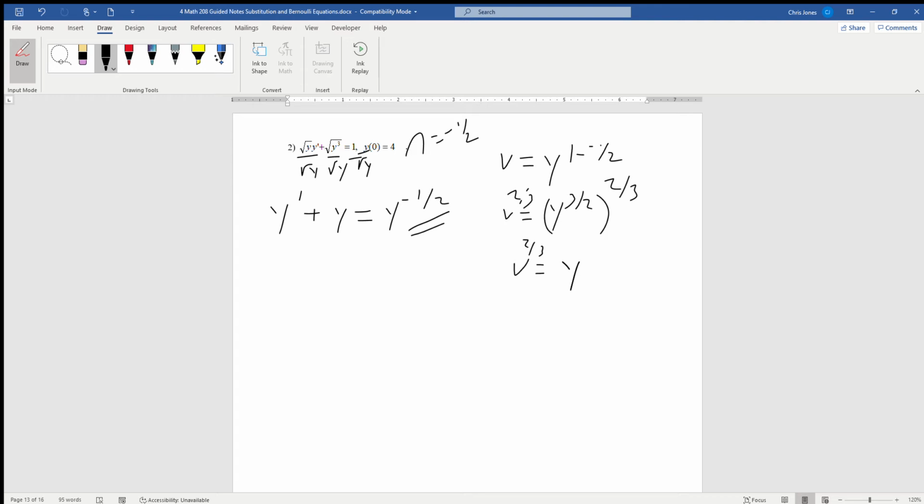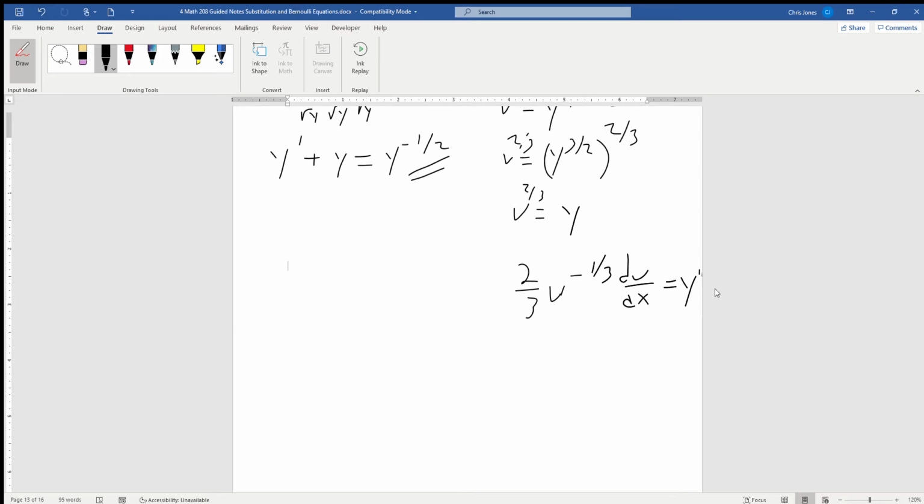So we're going to now find the derivative. Derivative of v to the 2/3, 2/3, not 1/2, so that's going to be 2/3 v to the minus 1/3 dv dx is equal to the derivative of y, which is y prime. We're going to substitute back in, and we're going to hope that this makes it a linear differential.